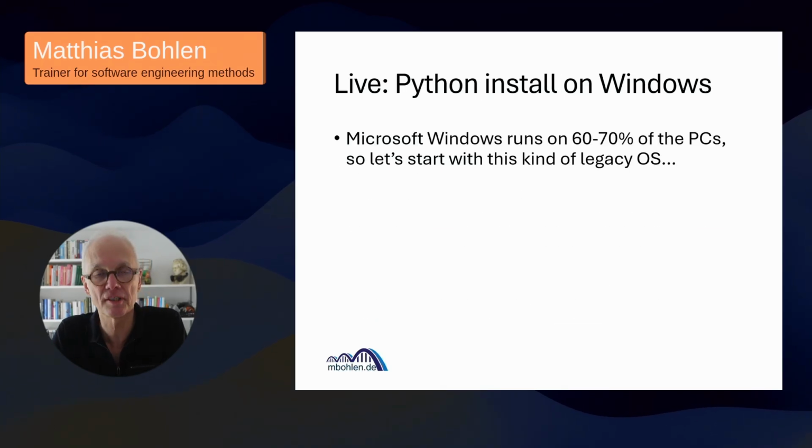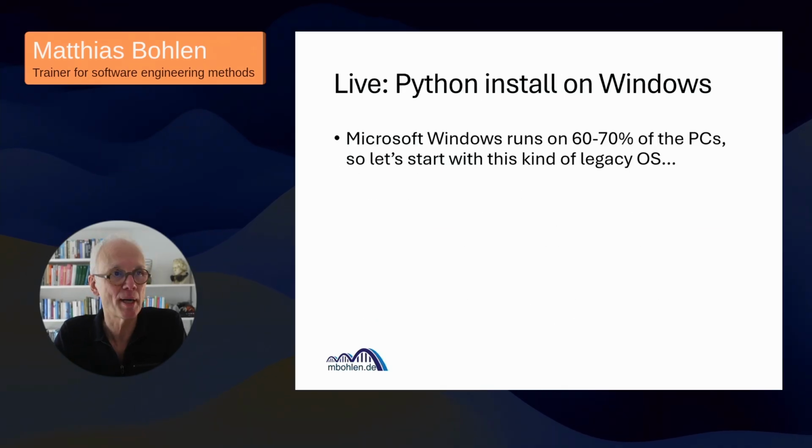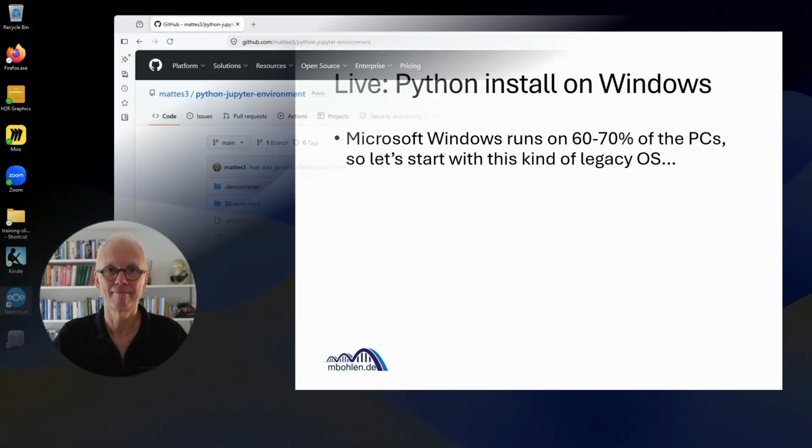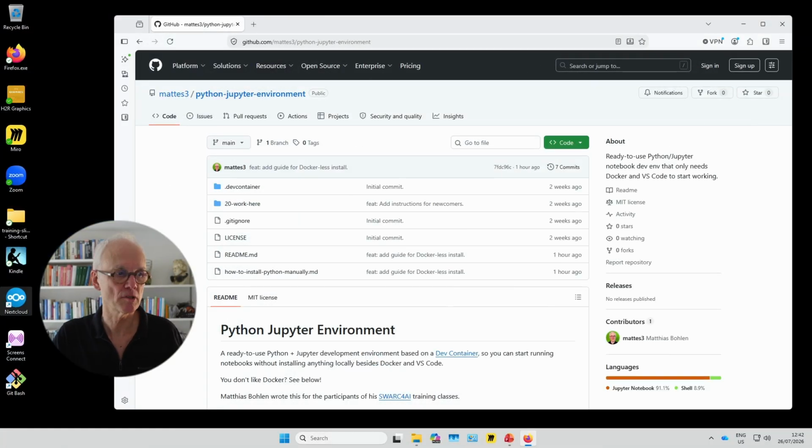So here's the first live demo, a Python install on Windows. Now I switch to my Windows mini PC and I opened the Firefox browser on the GitHub repository so that you can follow along by opening the same repository.